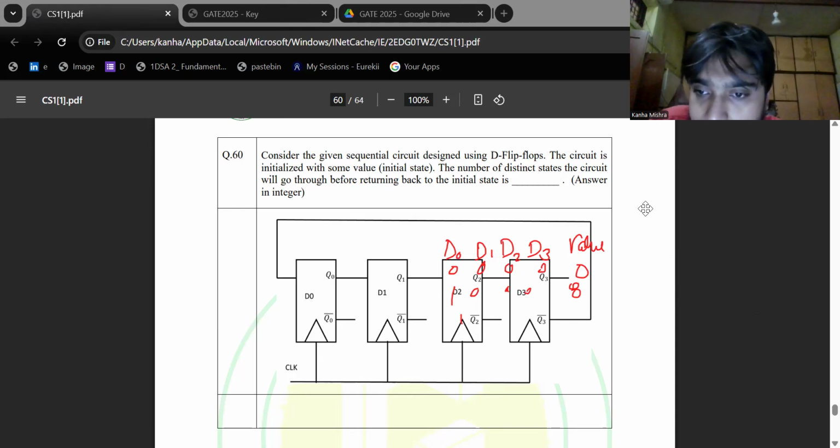If I make this one 1, then the value will be 12. If I make three values one, then the value will be 14. If I make all four one, then the value will be 15. Exploring all the possible options, then it will be 7, and 0, 0, 1, 1 will be 3.